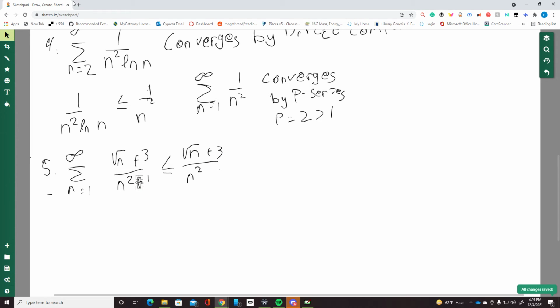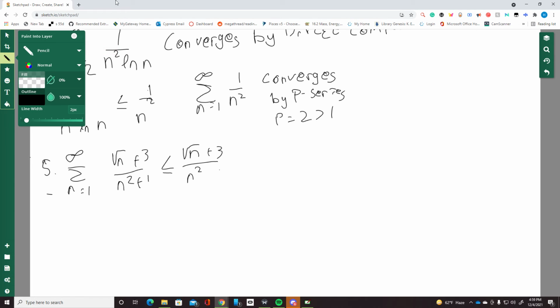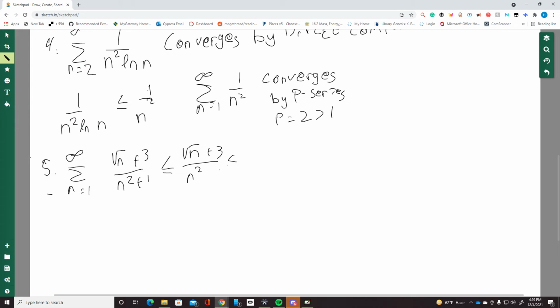Because we make the denominator larger, so this fraction is smaller, and we can make it even larger by multiplying it by 4, of our radical n over n squared, and this is essentially the same as 4 times 1 over n to the 3 over 2.